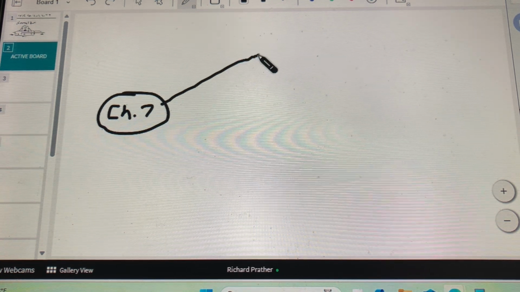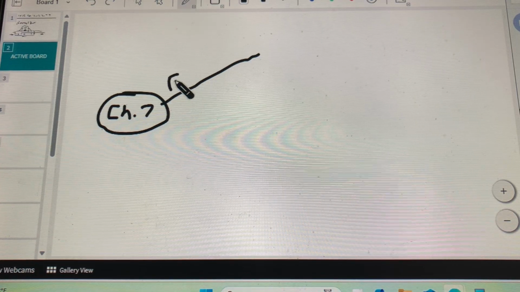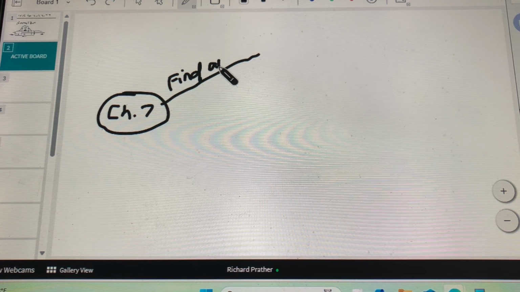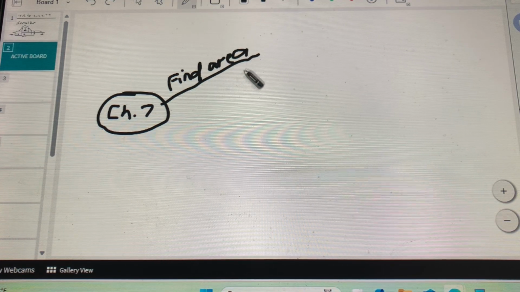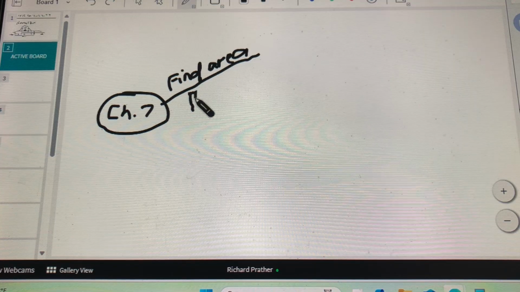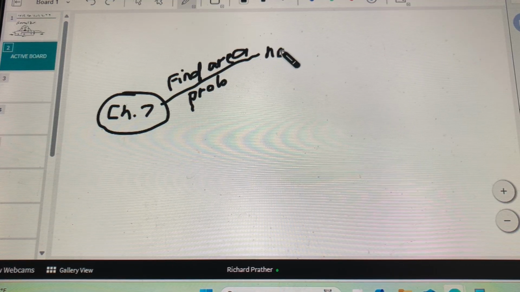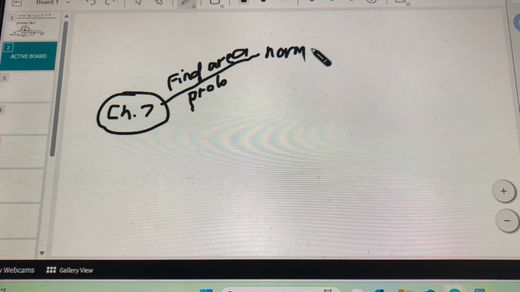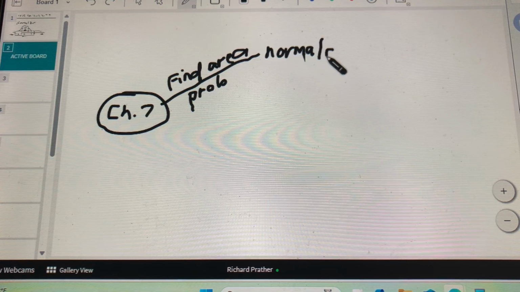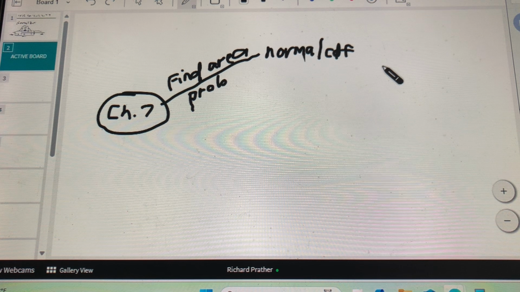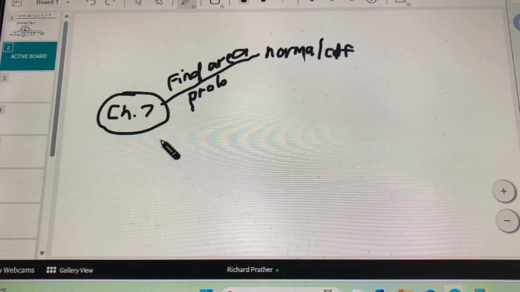When the problem says find area, or synonymously probability, there's a function in the calculator called normal CDF, somewhat similar to binomial CDF and Poisson CDF, except those are discrete cases and this is a continuous case.